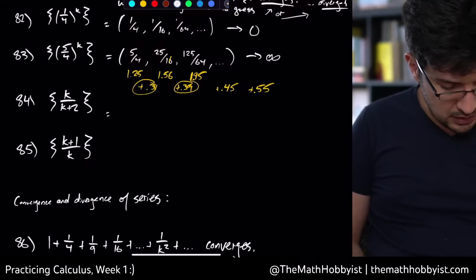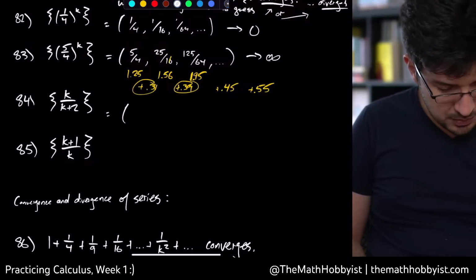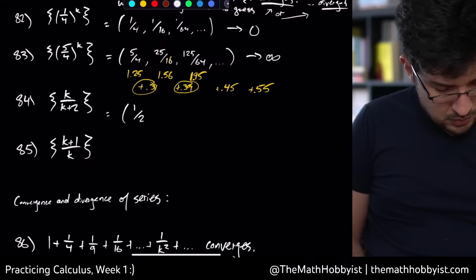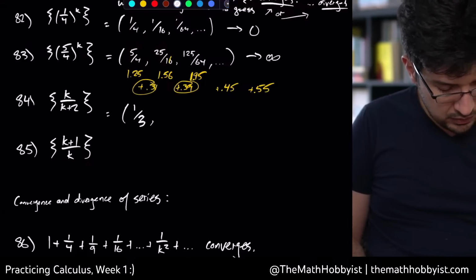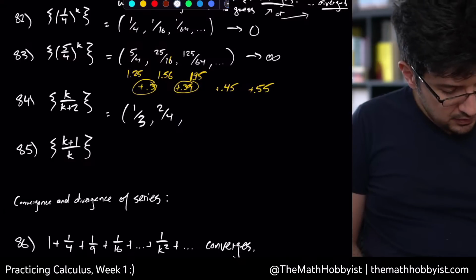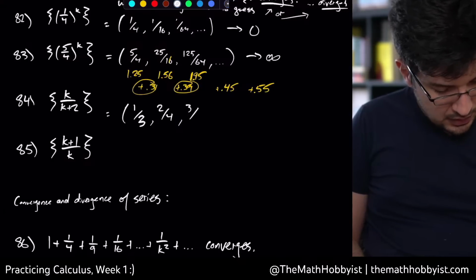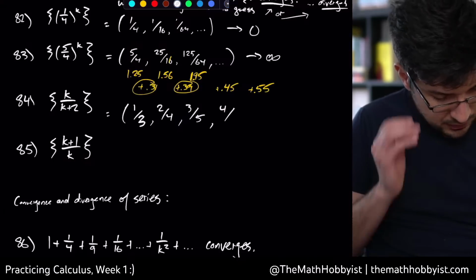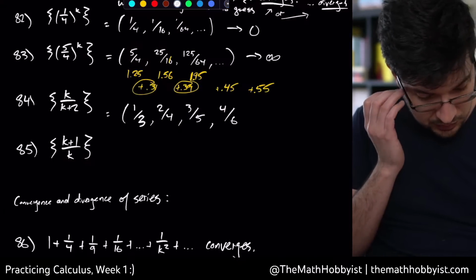Okay, here the sequence is going to be maybe 1/3 if k is 1. If k is 2, then we have 2/4. If k is 3, we have 3/5. If k is 4, then we have 4/6.